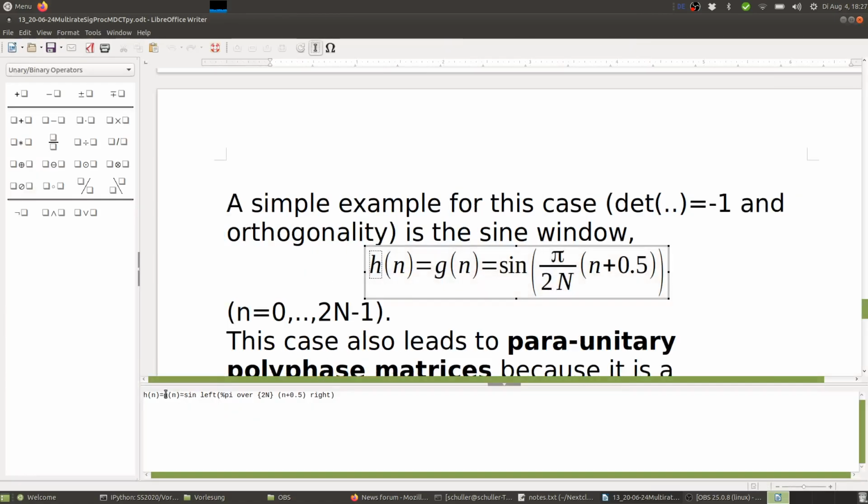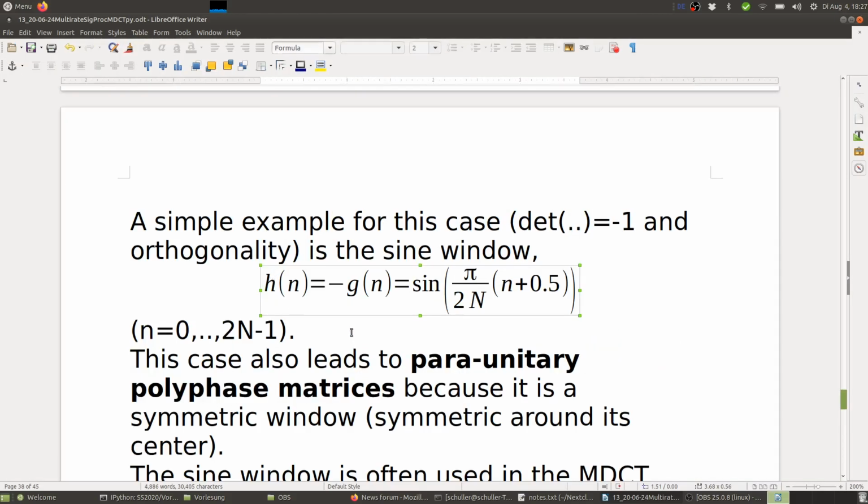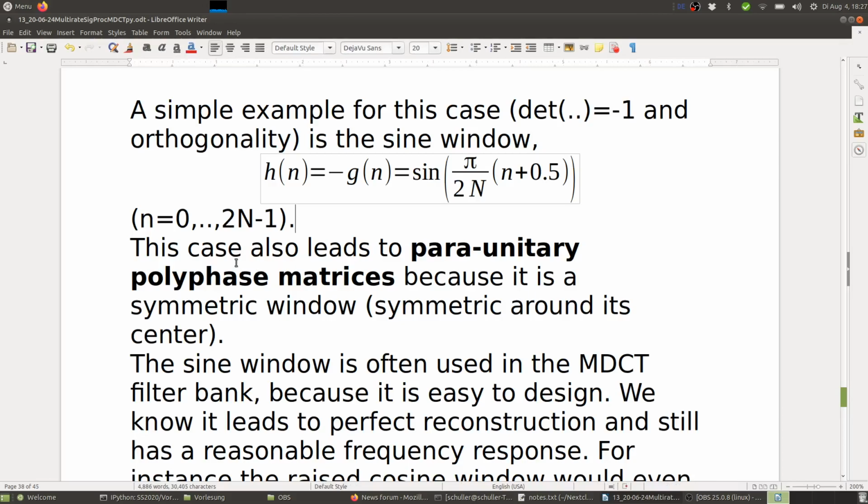So I should actually have it minus. So this case also leads to paraunitary polyphase matrices because it is a symmetric window, symmetric around its center.